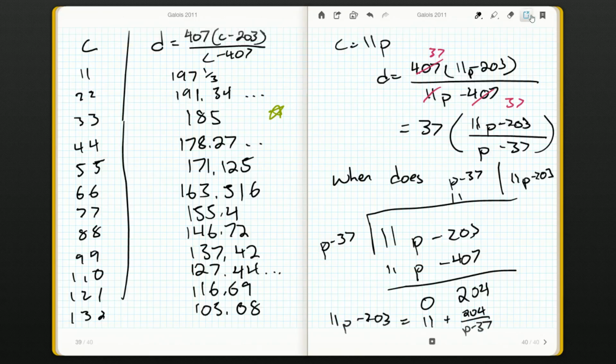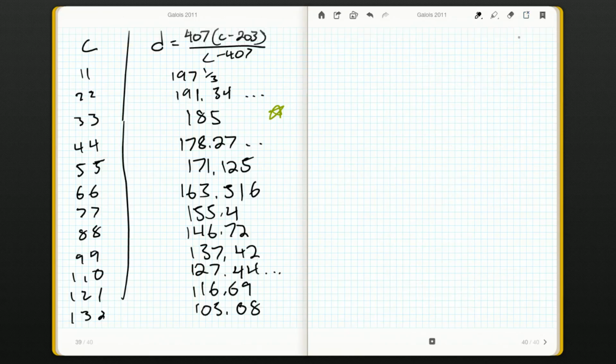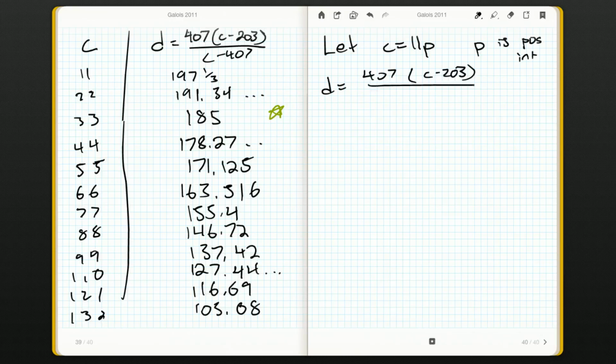Okay. So I'm going to explain what I'm doing here, because now I've finally caught wind of it. We don't need this chart, although we did spend a lot of time looking at it. So let's see, C is 11p, p a positive integer. From our previous work, we know d is 407 minus c times c minus 203, all over c minus 407.